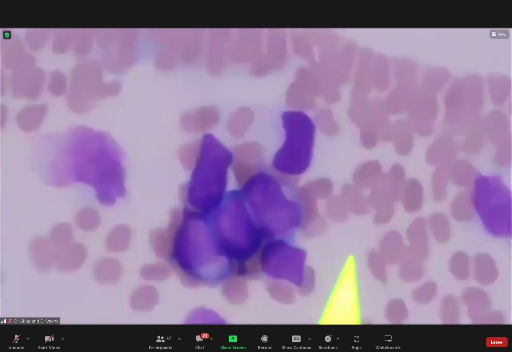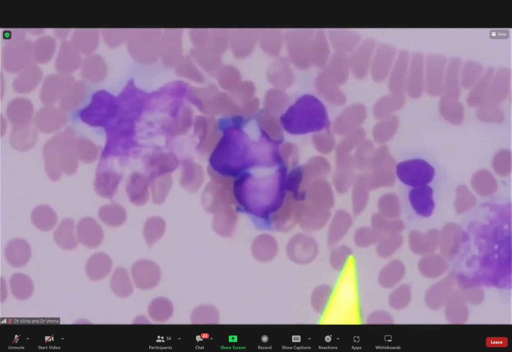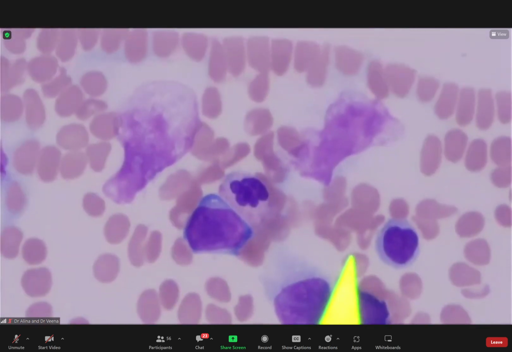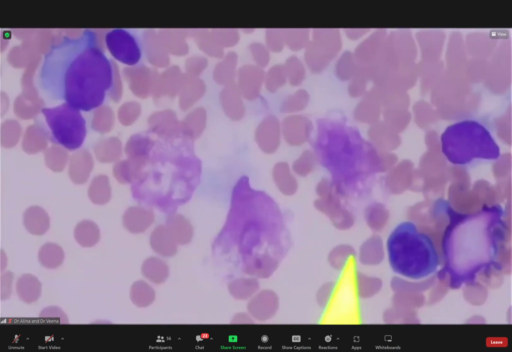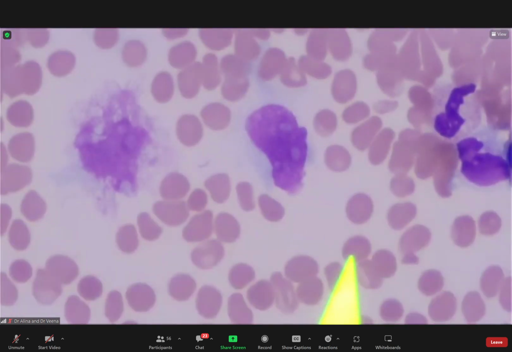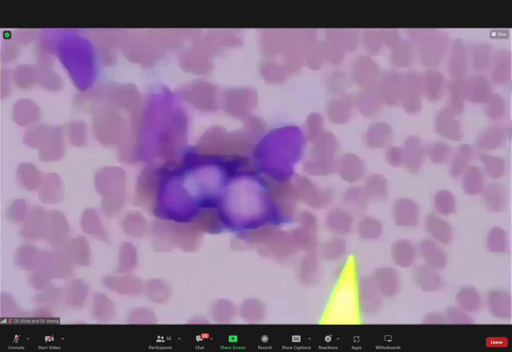Okay. So these cells, they look like blasts, right? They look like blasts. Very high NC ratio. Again, very lacy open chromatin. But the cytoplasm is more blue compared to the blast I showed you in the first case.